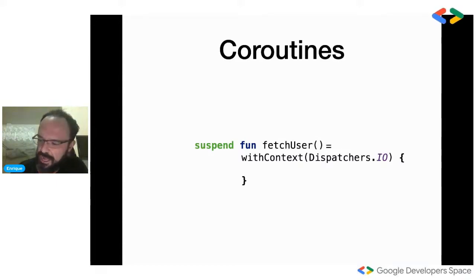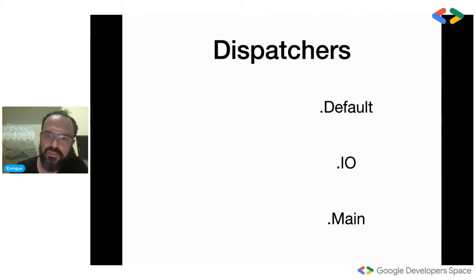In Android, we want to call things on the main thread, sometimes input, output, etc. We support this in coroutines by the use of dispatchers. In this case, our function fetch user will call withContext specifying the dispatcher. We will have our blocking call inside the withContext, and this will be able to execute on any particular dispatcher that we specified.